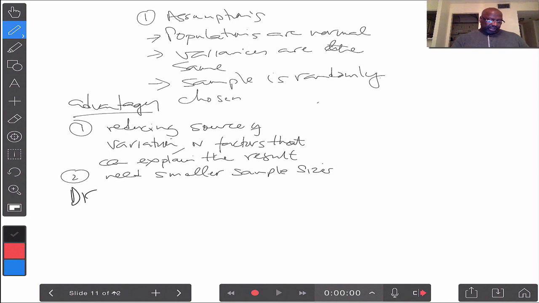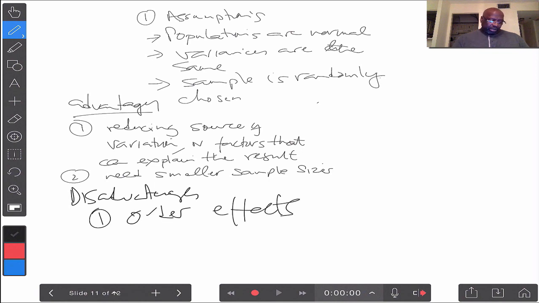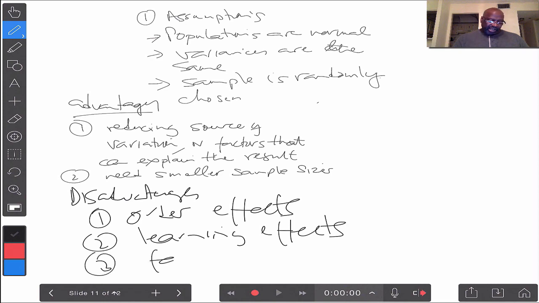So disadvantages: one, order effects; 2, learning effects; 3, fatigue effects. So what are those?